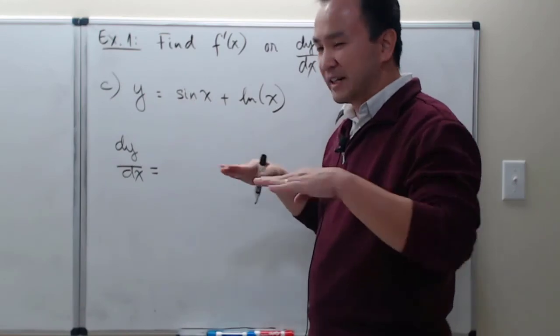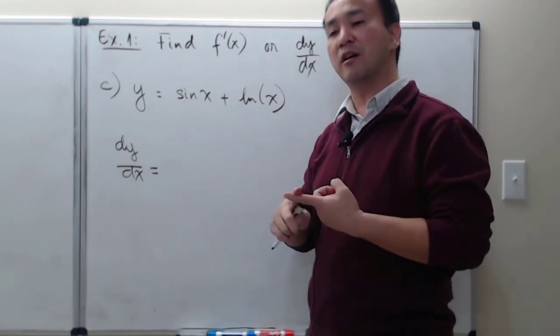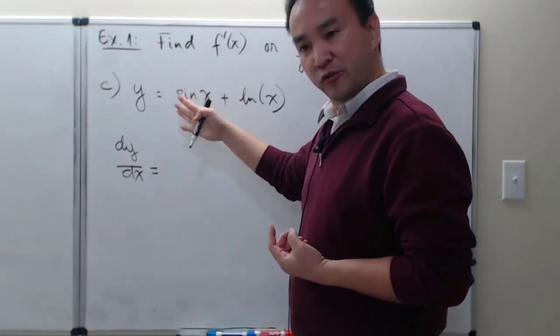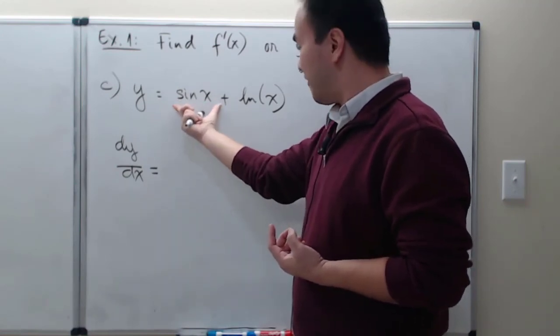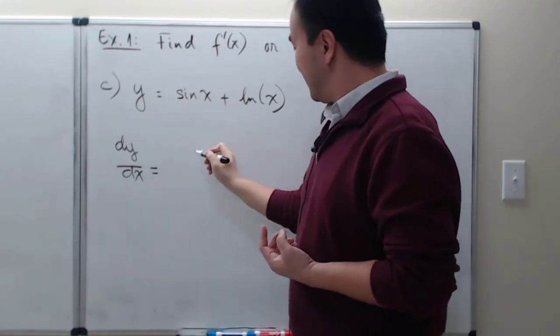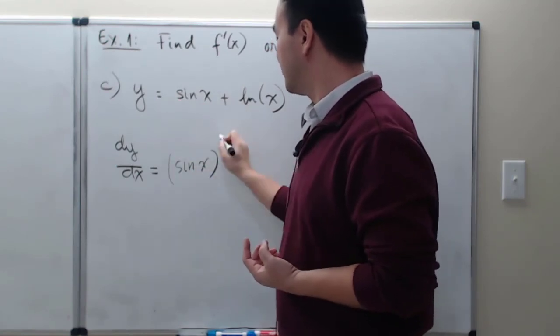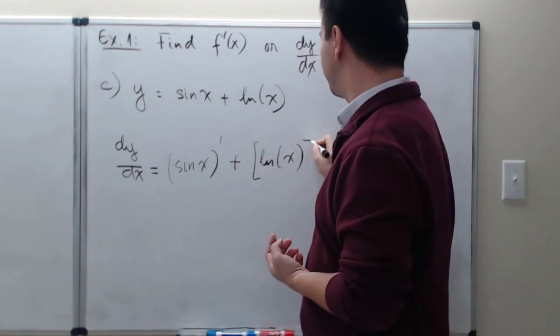My entire example 1 is just to remind you about the very basic rules, including the product rule and the quotient rule, and some of the special rules we've learned, for example the special rule for how to find the derivative of a trig function, sine of x in particular. So, derivative of the first term plus the derivative of the second term.